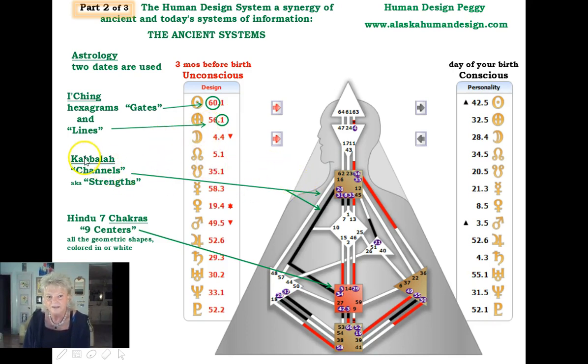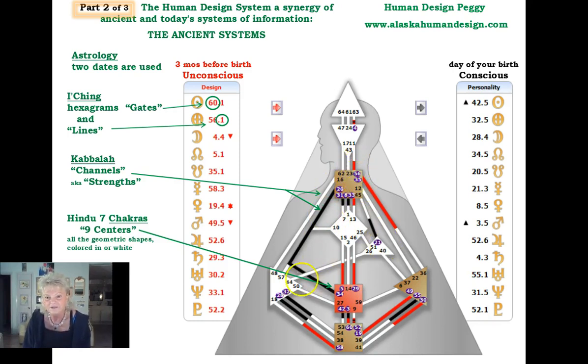So in the Kabbalah, the tree of life, this is where this is related, in the channels here. All of these lines, all of these connections, whether they're colored or whether they're white, those are all called channels. And so when you have 2 gates at either end of a channel, like this gate 20 and all the way down here to 34, it's black, so you know that it's defined consciously.